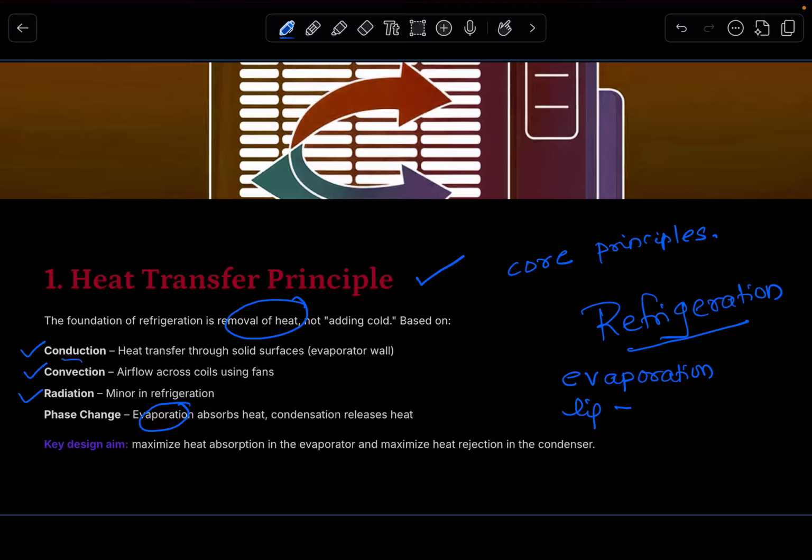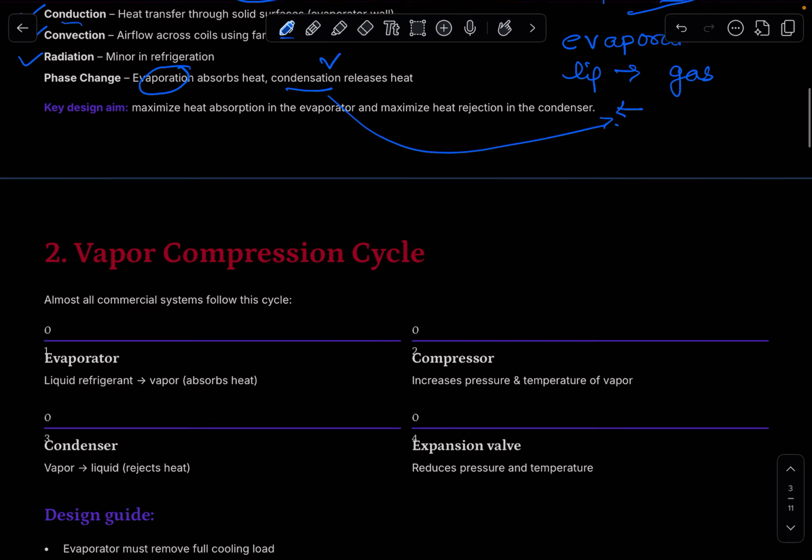When you are talking about the refrigeration cycle, liquid to gas. And condensation is just the opposite, your gas gets converted to liquid, that becomes your condensation. So applying the basic concepts of heat transfer is critical in your refrigeration design.